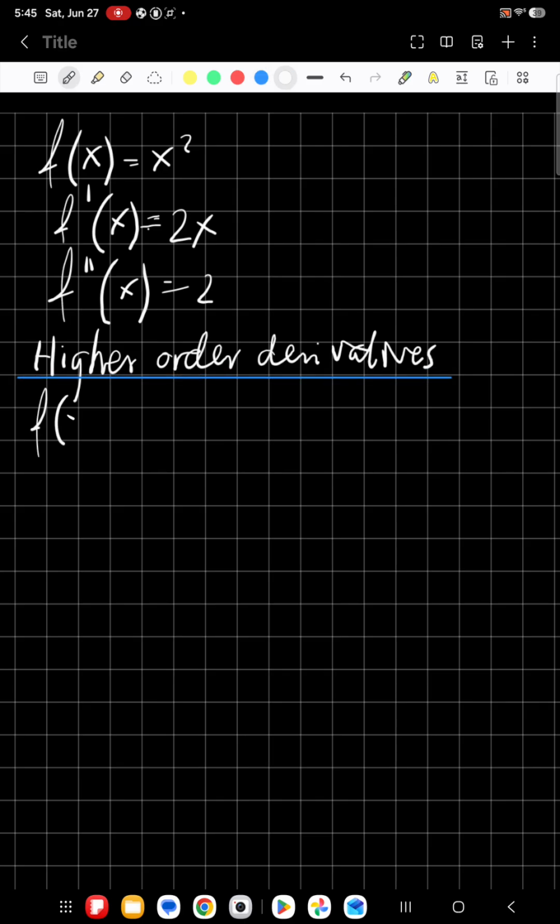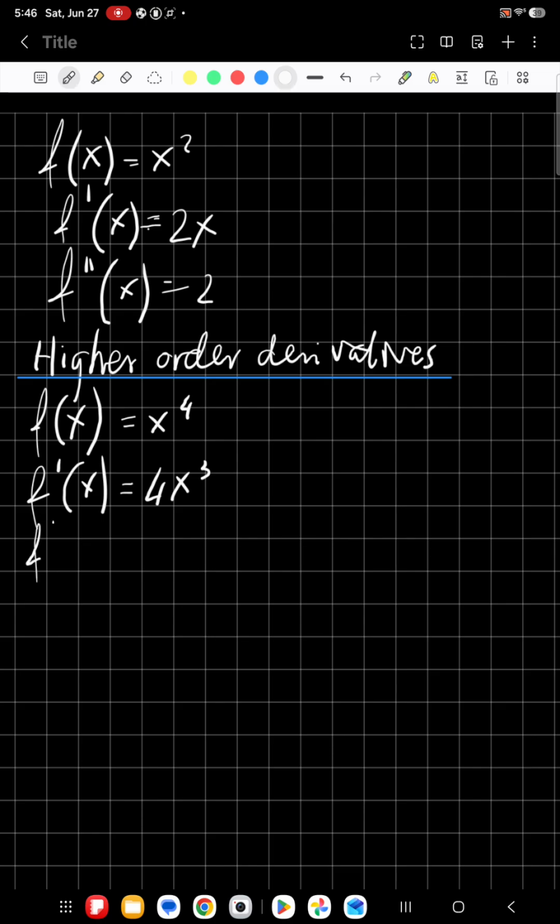Let's do just one example. Let's start with x to the 4th. First derivative would be 4 times x cubed.